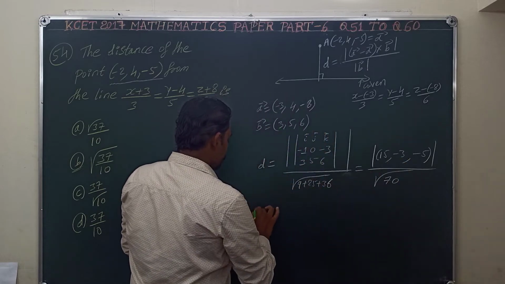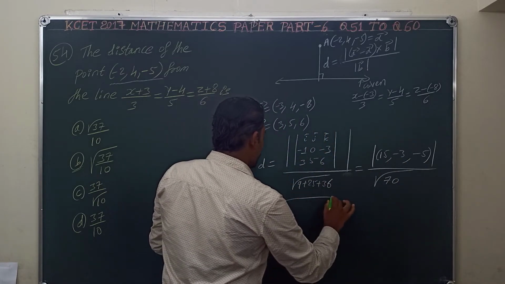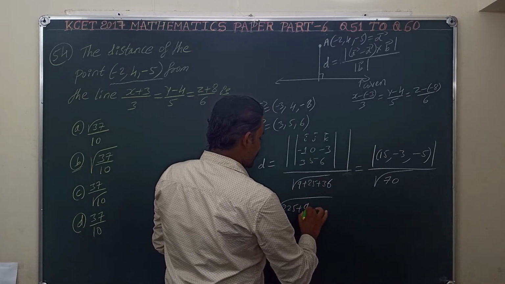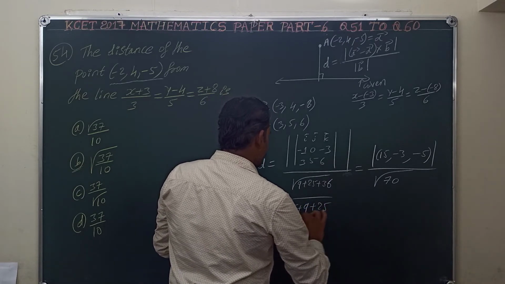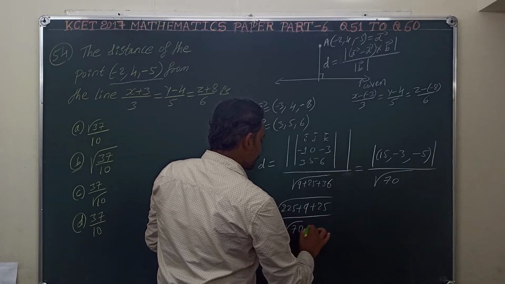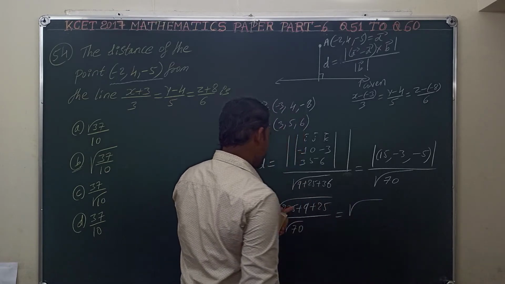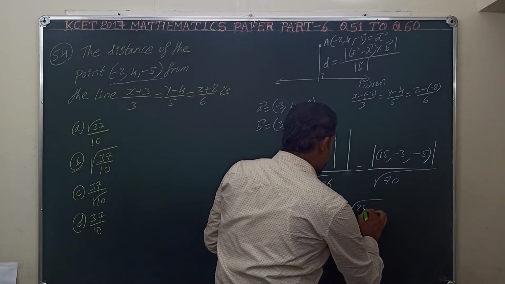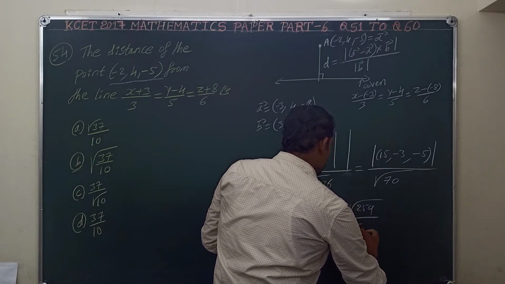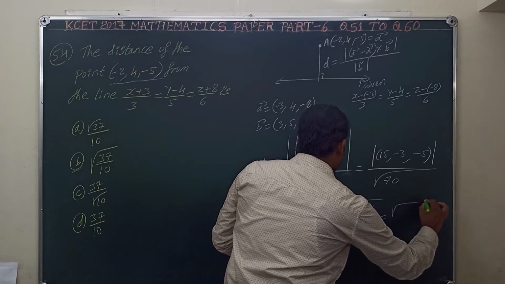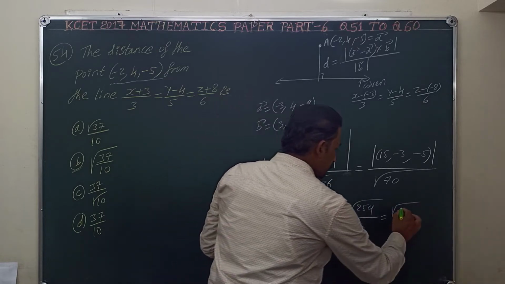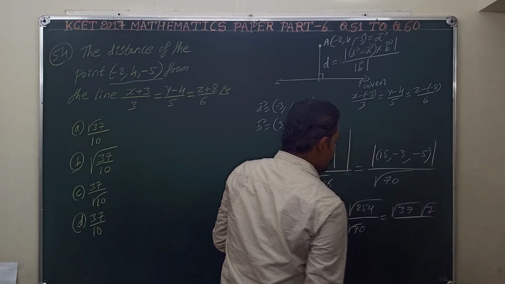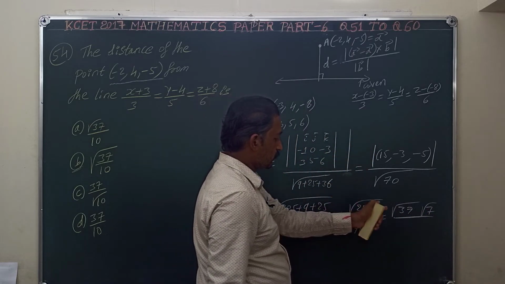So D is equal to 15 square, we have to find the magnitude value, 225 plus 9 plus 25, divided by the square root of 70. So this is 259: 225 plus 25 is 250, plus 9 is 259, divided by the square root of 70. 259 can be written as 37 into square root of 7, since 7 sevens are 49, 21 plus 4 is 25.